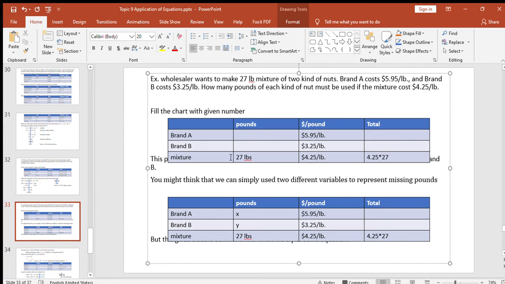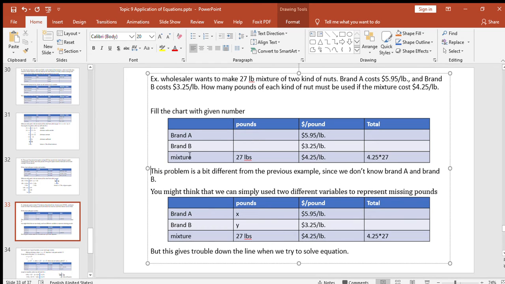So we know the mixture is 27 pounds. We know all the rates, and we know the total is 4.25 times 27.